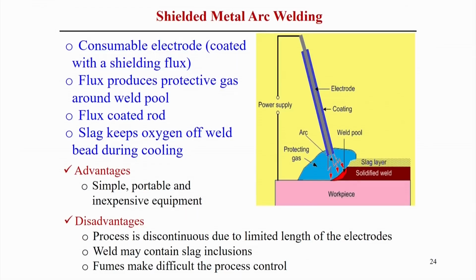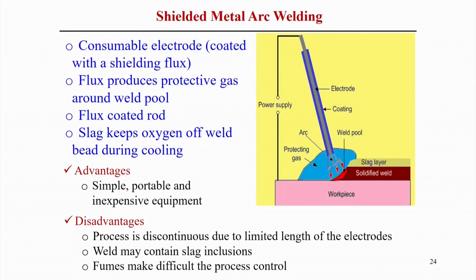First thing, a consumable electrode is used in this case, and if we look precisely at the electrode, it is coated with flux. The purpose of the coated flux is to produce a protective gas around the weld, which helps protect the molten pool from the atmosphere.